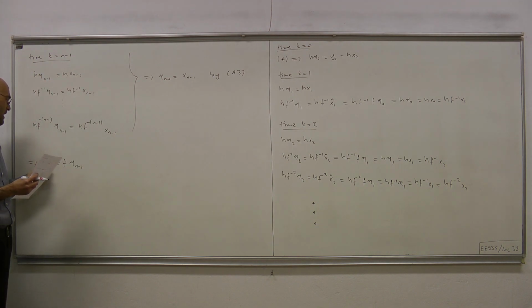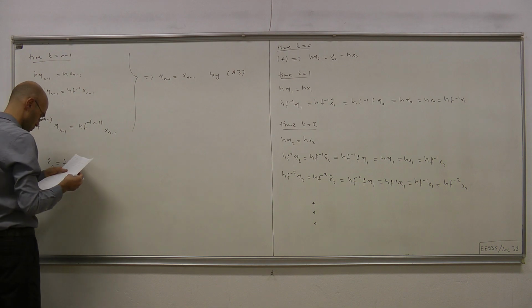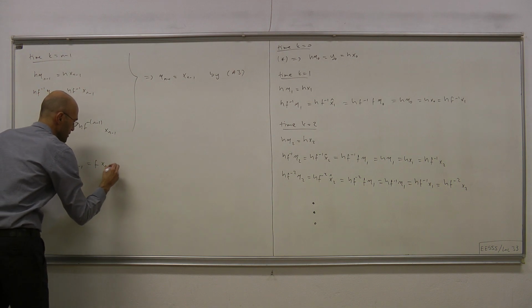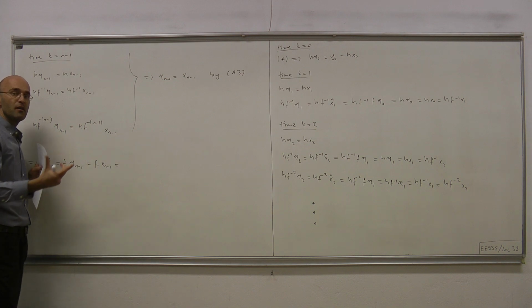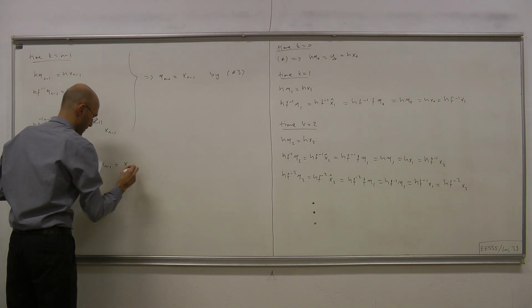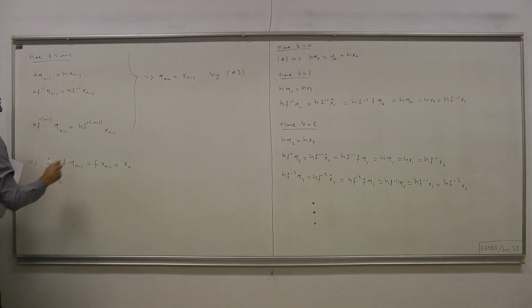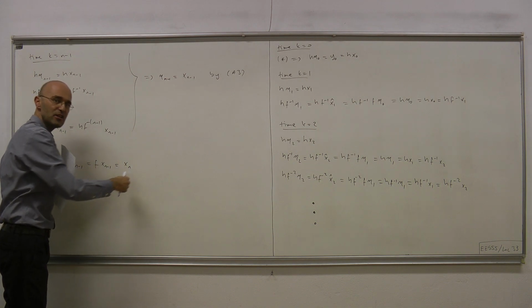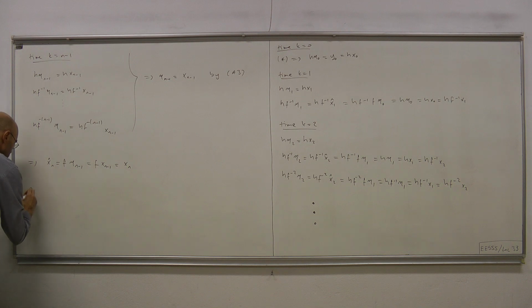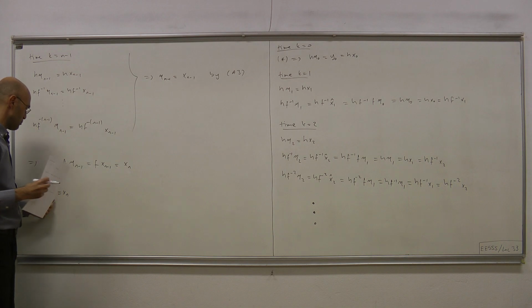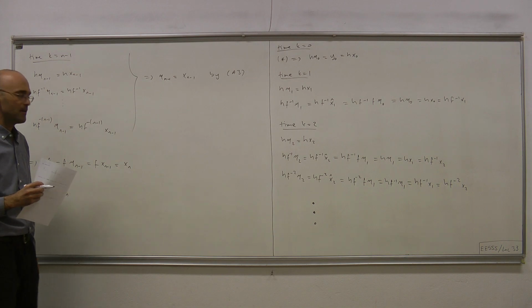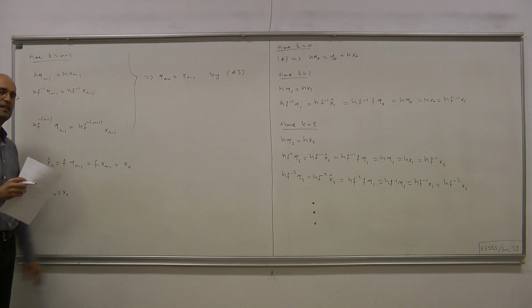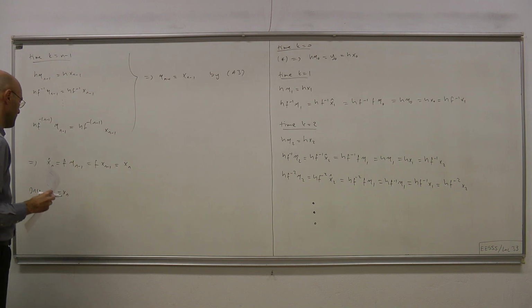And x hat n, therefore, is f of eta n minus 1. That's f of x n minus 1, and f of x n minus 1 is no other than x n. So at k equals n, therefore, we have x hat n equals x n. The estimate becomes exactly equal to the state to be observed. And it's not difficult to see that once the observer state catches exactly the original system state, then it never lets it go.